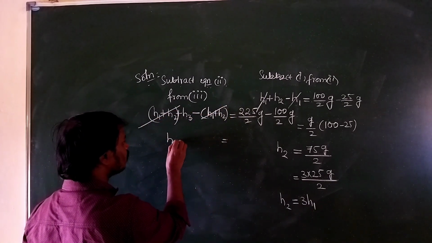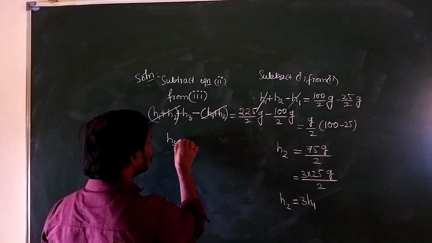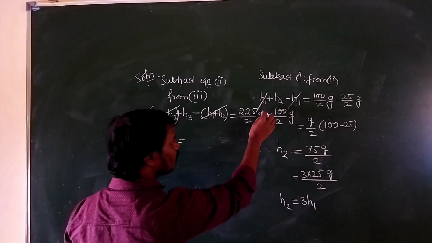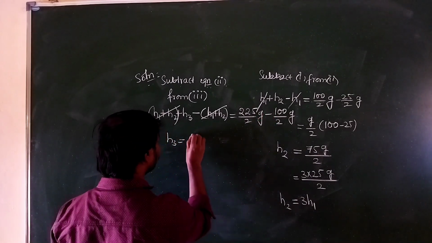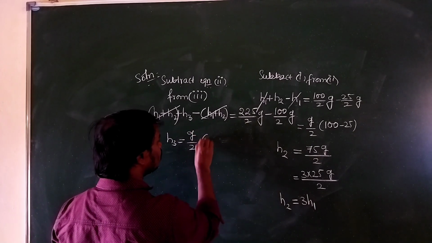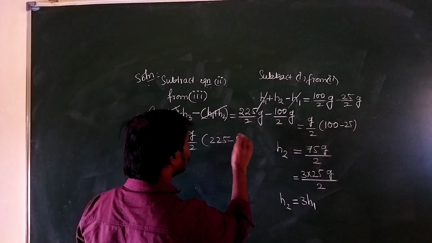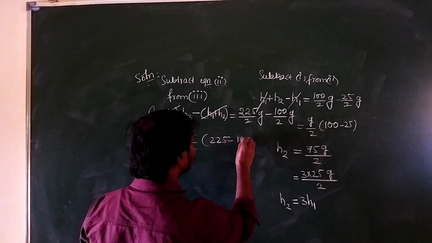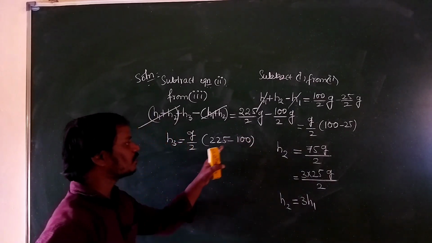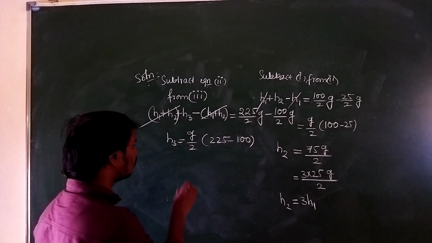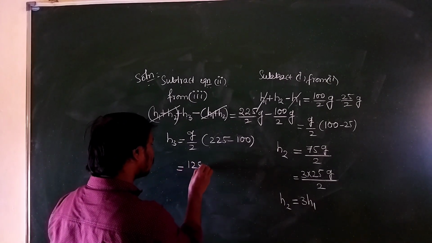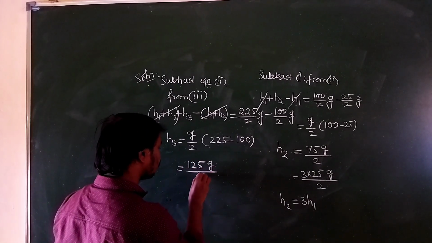Then h3 is equal to, g by 2 is common, then 225 minus 100. 225 minus 100 is 125. Then 125 into g by 2.